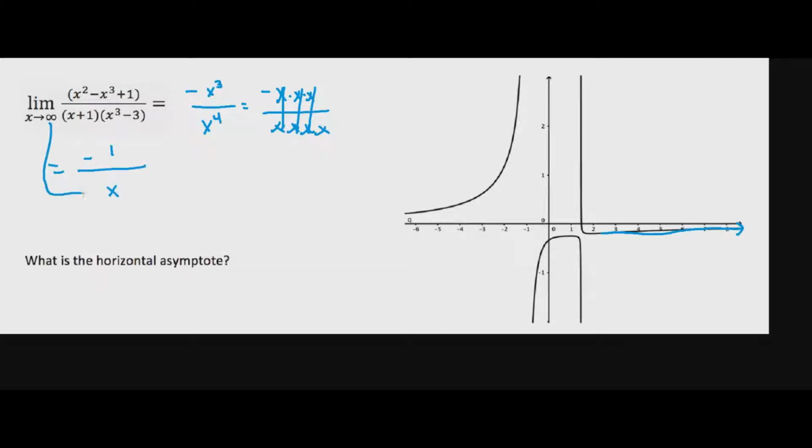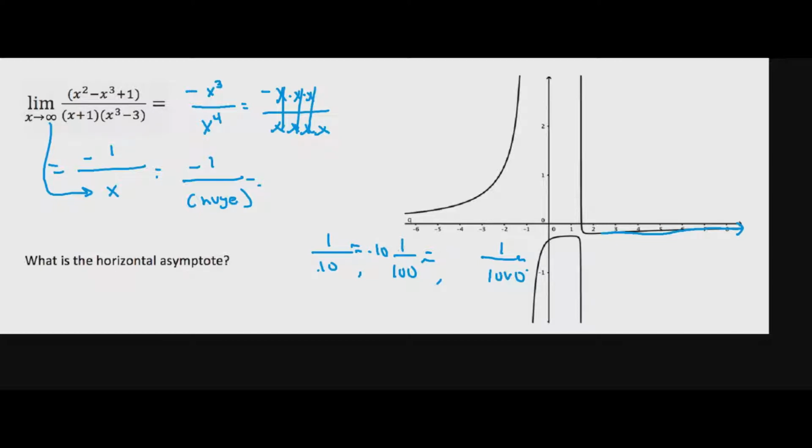As we plug in infinity to our equation now, we get -1 divided by a huge number. If you think about it, as we get bigger and bigger in our denominator, we're constantly going to get smaller and smaller. It's like taking $1 and evenly splitting it among 10 people, so everybody gets 10 cents.